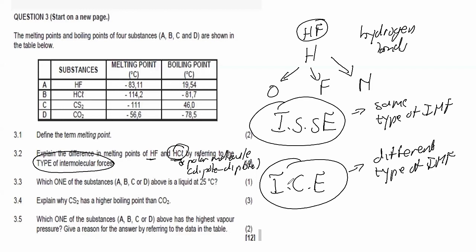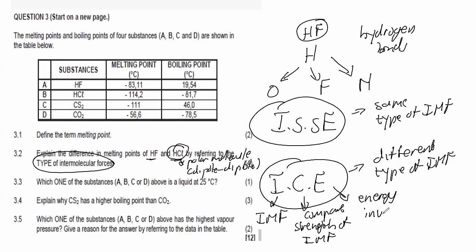Now, what is ICE? ICE means, number one, we have to identify the type of intermolecular forces in both of these molecules. Then C means that we now have to compare the strength of those intermolecular forces, right? And then E, this is where now we speak of the energy involved, right?